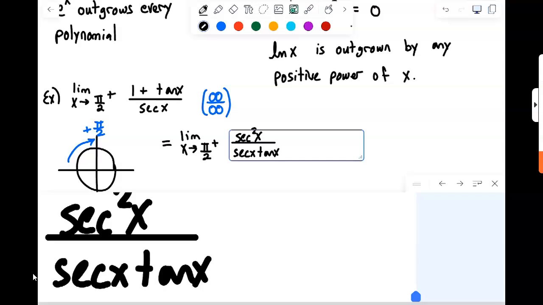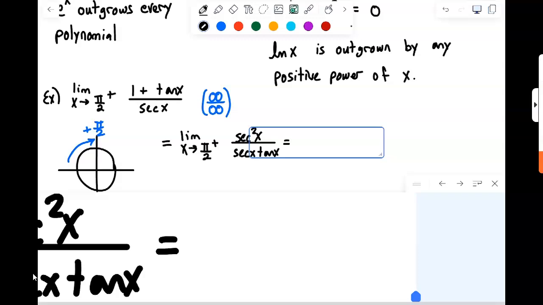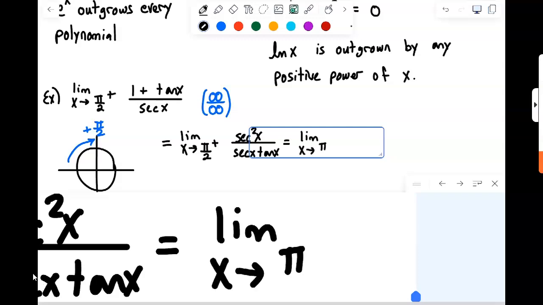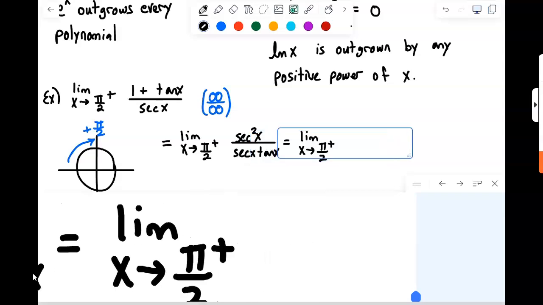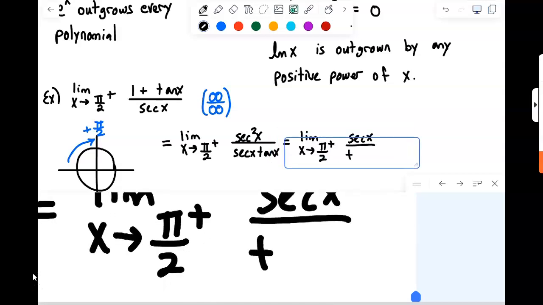And we keep going. That would simplify to just secant x up top over tangent x.